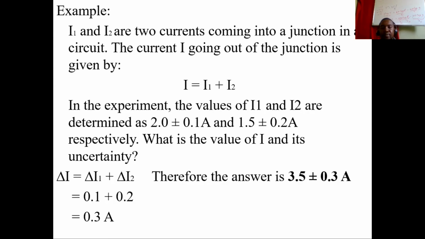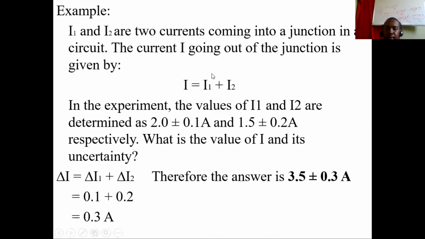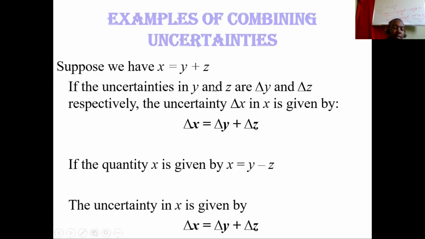So to find I, we just add both I1 and I2. So it's 2.0 plus 1.5, which gives 3.5. So that's the value of I. But for the uncertainty, because your equation here has a plus sign, we use the principle that the uncertainty in x equals the uncertainty in y plus the uncertainty in z.